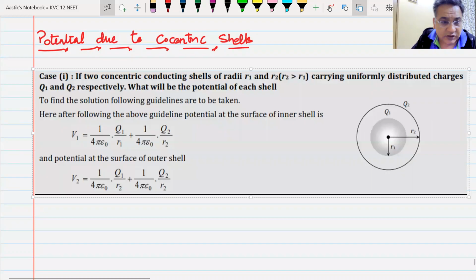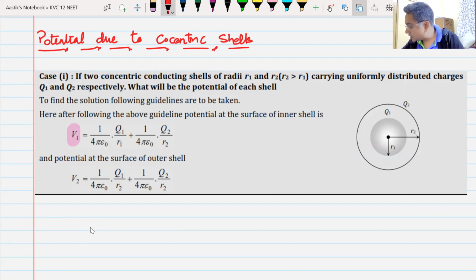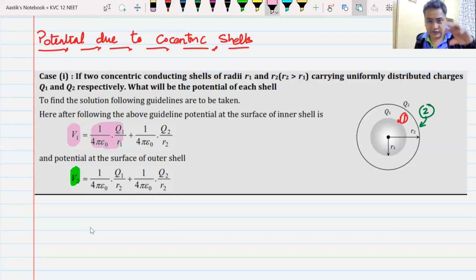To find out the potential of the inner shell, what do you do? See, this V1 is the potential of the inner shell, and this V2 is the potential of the outer shell. To find the potential of the inner shell, I find the potential created by the inside sphere, and I again find the potential created by the outside sphere.